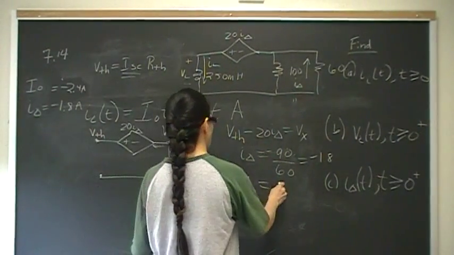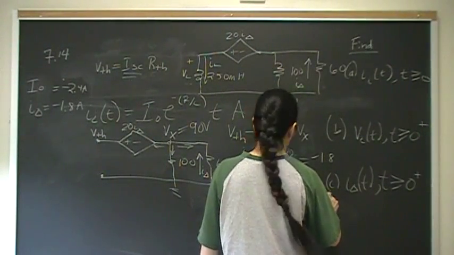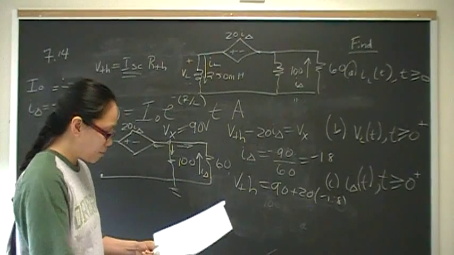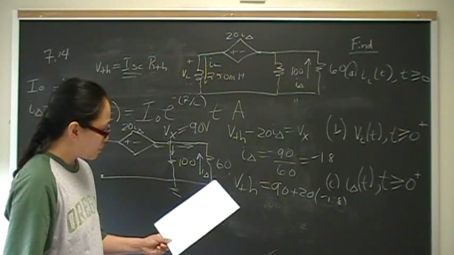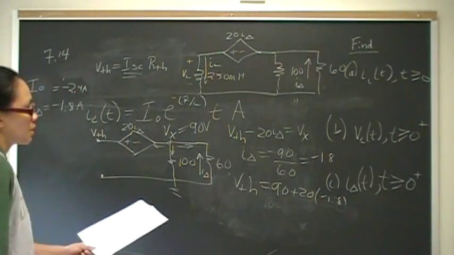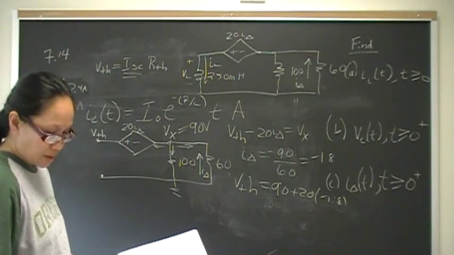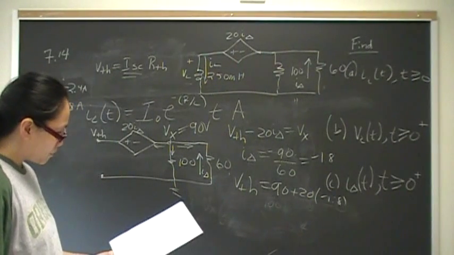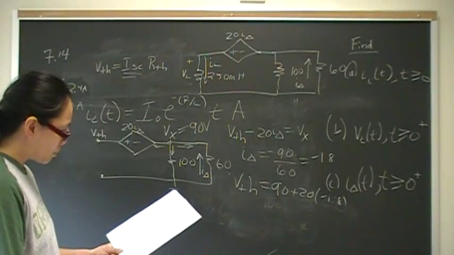So that's 90 plus 20 times negative 1.8, so 90 minus 60 gives me V Thevenin.